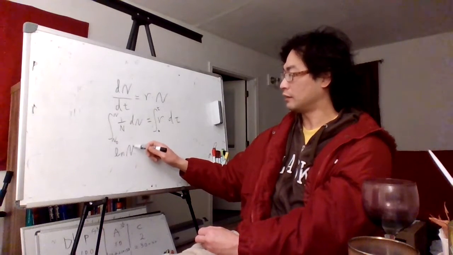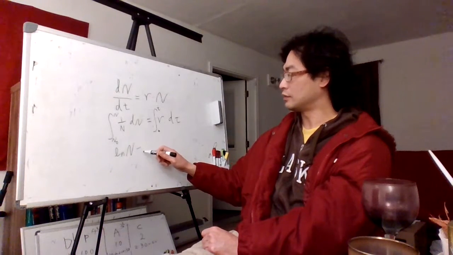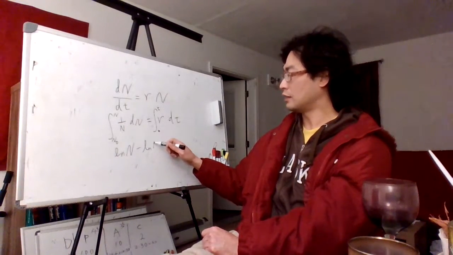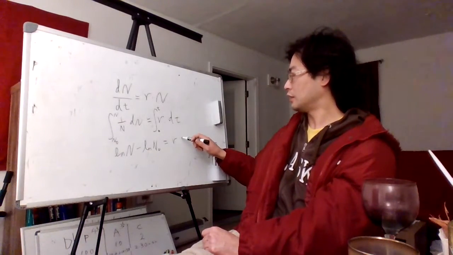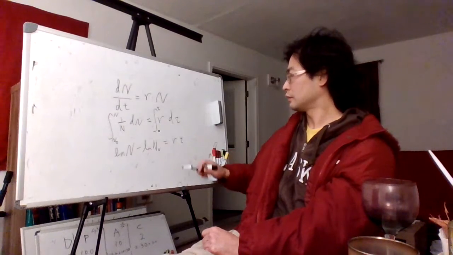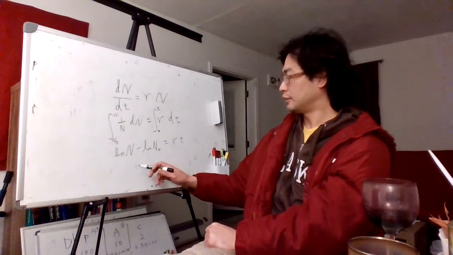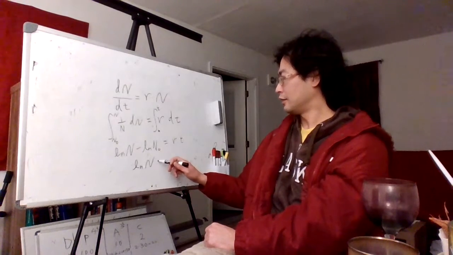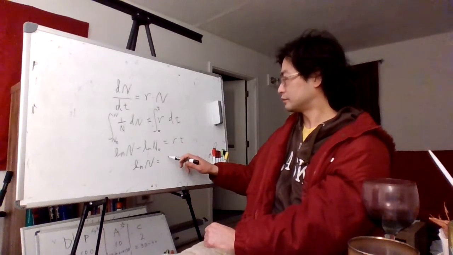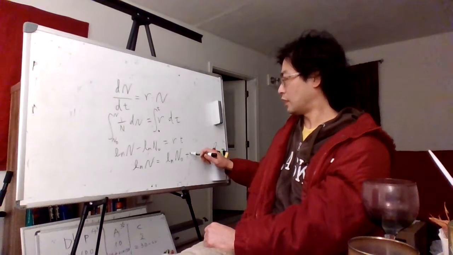So ln N minus ln N0 is equal to rt. So ln N is equal to ln N0 plus rt.